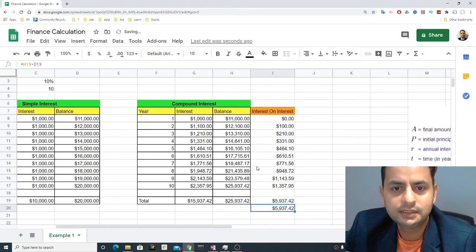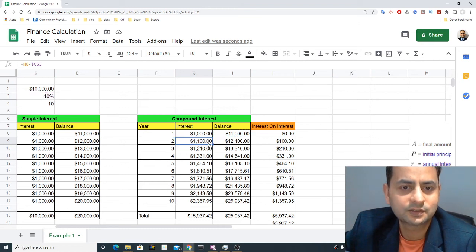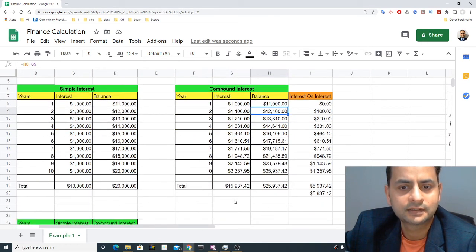Here it's pretty straightforward: the interest for the second year is calculated from the previous one.